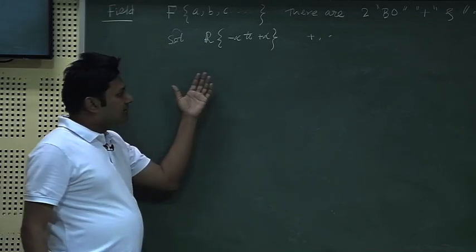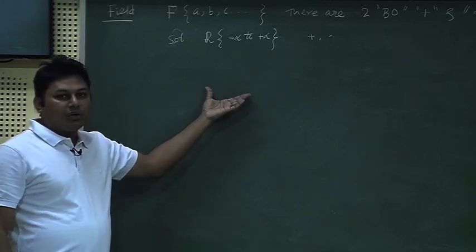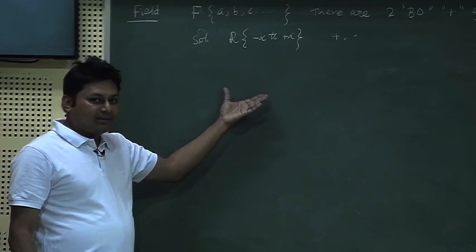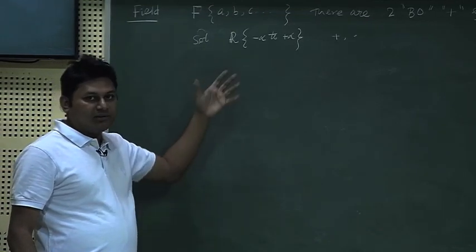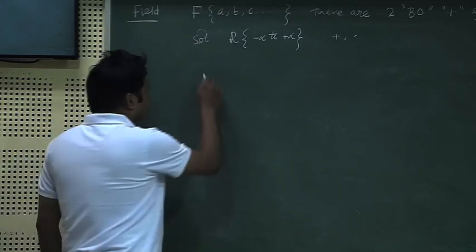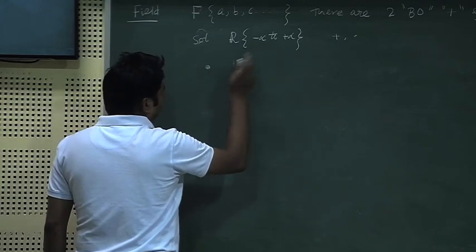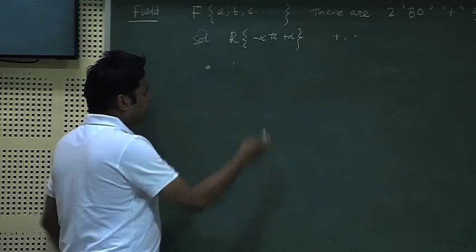Let me start with the existence of identity and the existence of inverse, which are the critical properties that a set has to follow to be a field, because these are the things that are difficult to find; other things come naturally. So let us concentrate on that. It is quite trivial for R. When I try to find the identity element, it is nothing but 0.